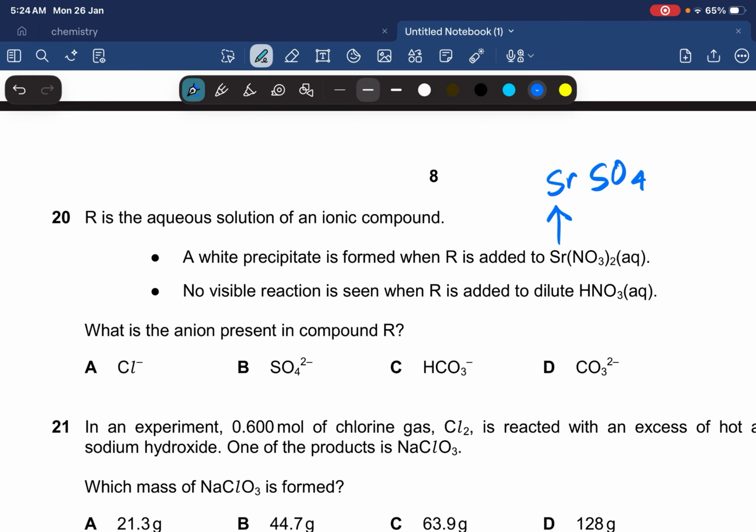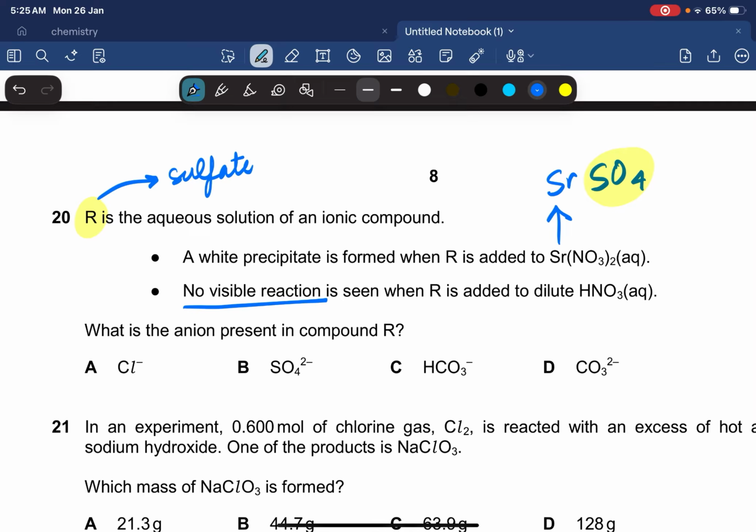That is what I am thinking. So R might contain a sulfate. I've not done these questions before. I'm doing them for the first time, I'll be honest. And that's how I think.